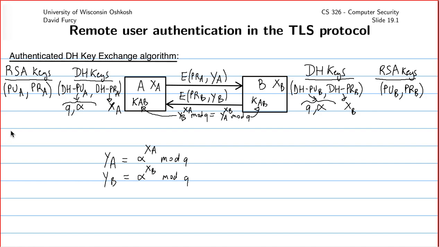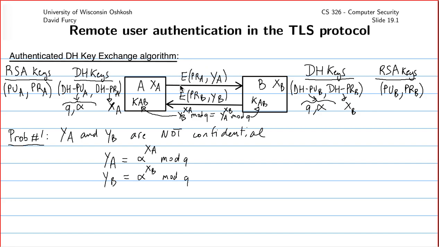Okay, so the potential problem number one is the fact that the two values y sub A and y sub B are not confidential. Make sure you see that because they are signed by the two parties, they are not encrypted.